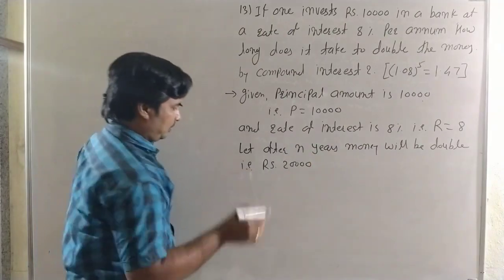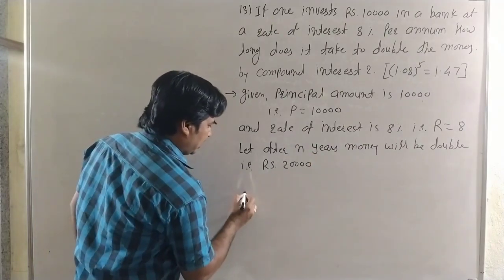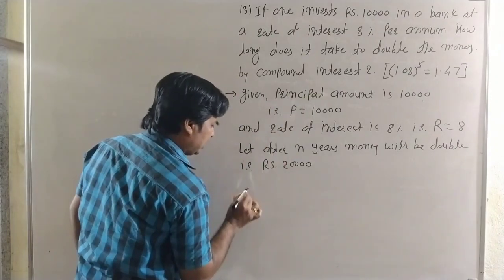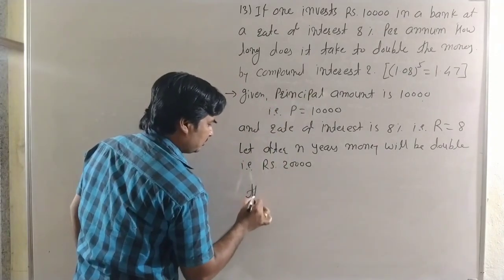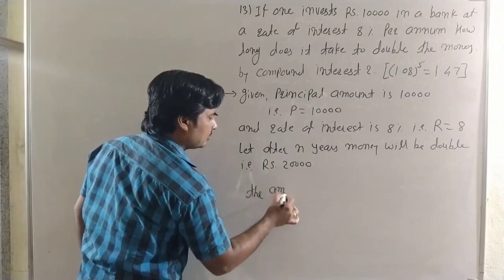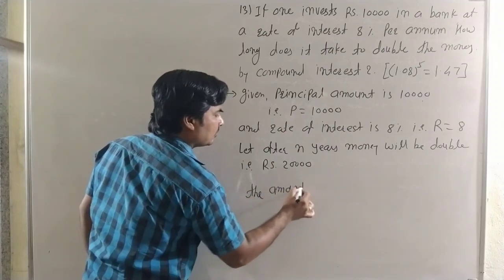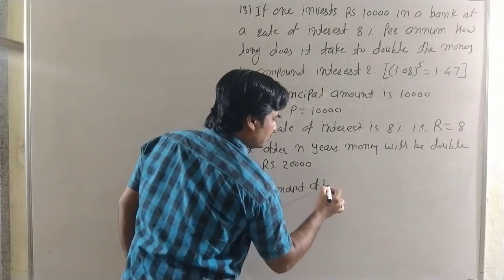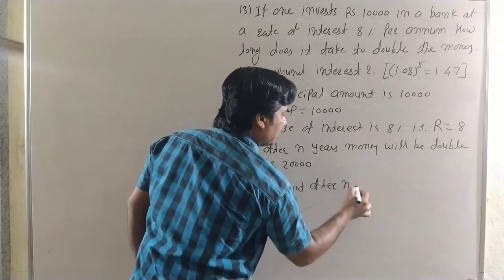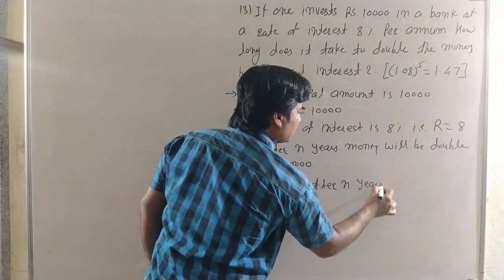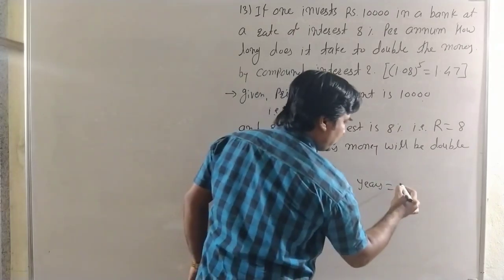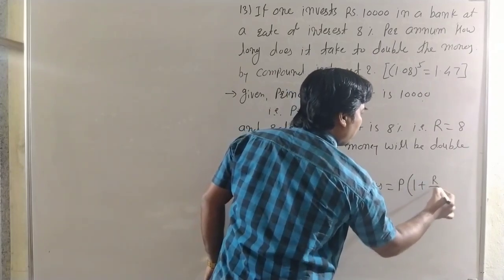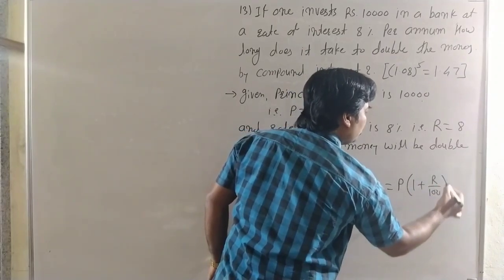Now the formula for the compound interest amount after n years is equal to P into 1 plus R by 100 to the power n.